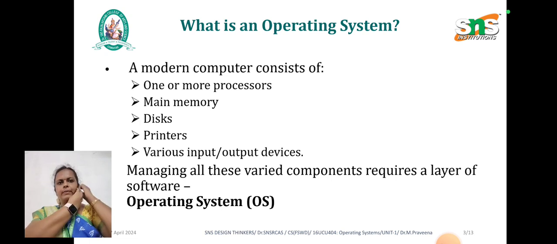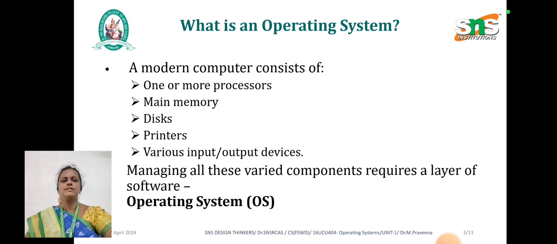Let us see what is an operating system. A modern computer consists of one or more processors, main memory, disks, printers, and various input-output devices. The thing which monitors all these things is called the operating system. That is, managing all these varied components requires a layer of software.